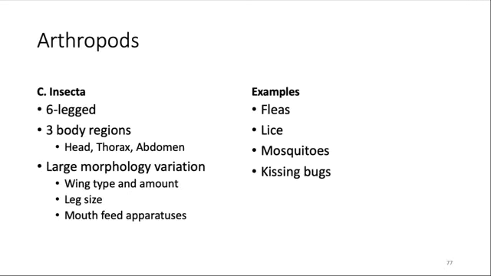They are one of the most diverse groups of organisms on Earth, and so there's variation in terms of the type of wings, the number of wings, the sizes of their legs, from the front legs to the hind legs, and the type of mouth parts that they have, which are adapted to their feeding habits. Examples would be the fleas, the mosquitoes, and kissing bugs.